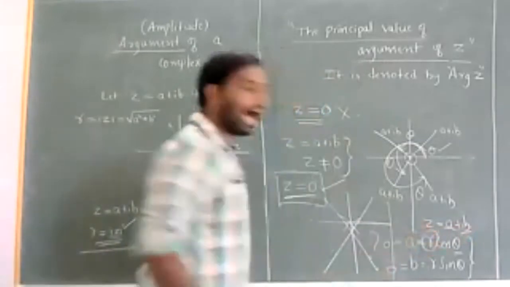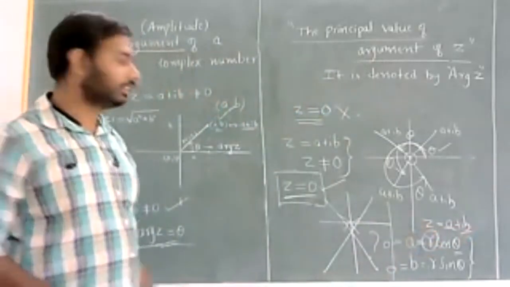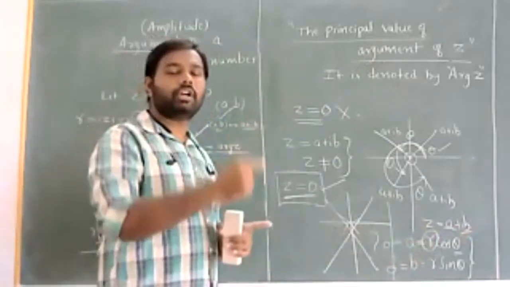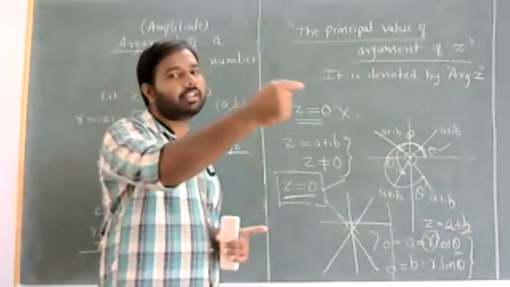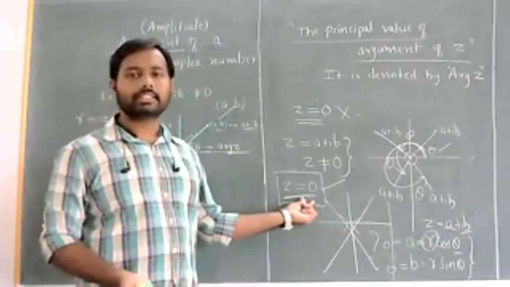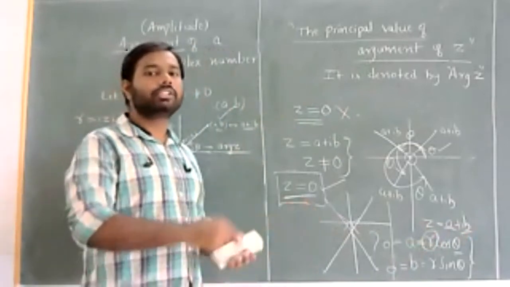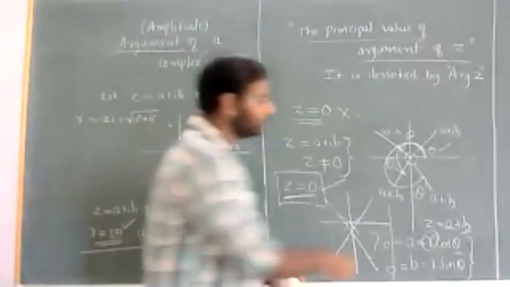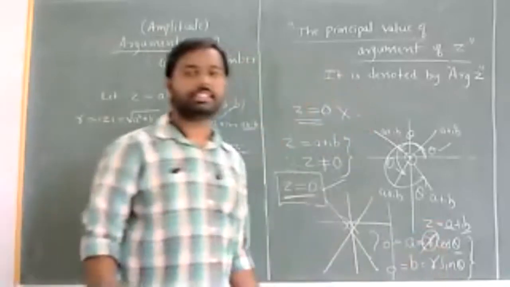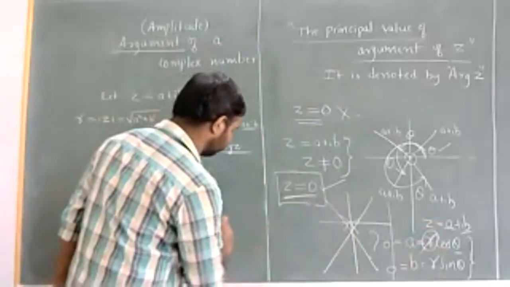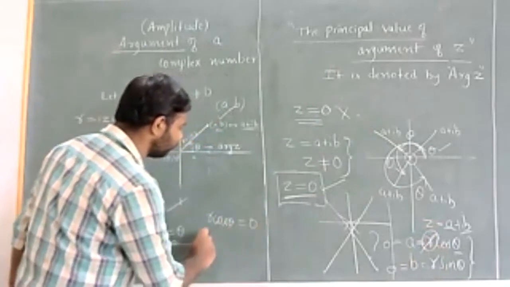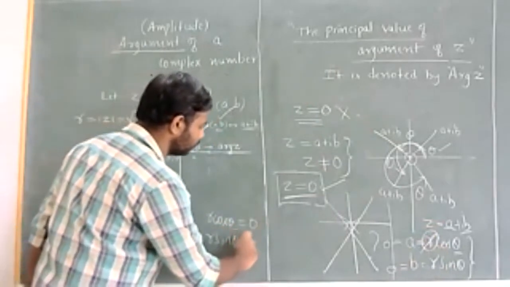And now what about r? r is actually the length of the line joining the origin and the point. In this case, the point is the origin itself, so the length of the line from the origin to itself is 0. So r will be 0. So we have r cos theta is equal to 0, r sin theta is equal to 0.